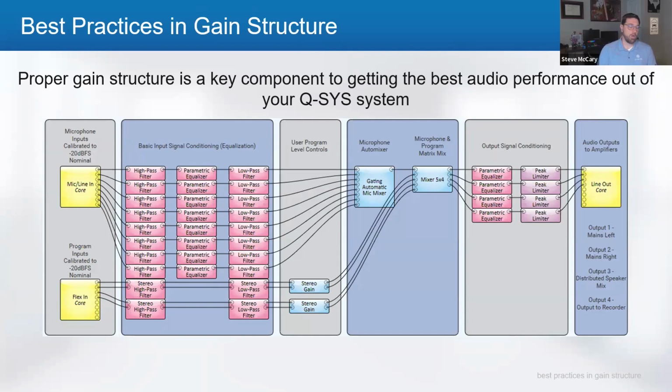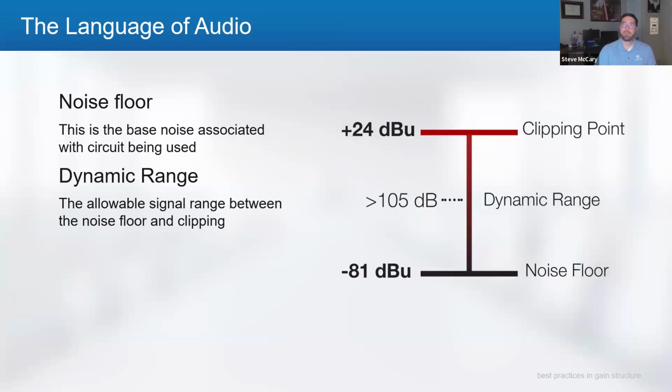Okay, so let's talk a little bit about some terminology that we're going to use today. The first thing we want to talk about is the noise floor. In any digital signal processor, there is going to be noise that is just generated from the electronic circuits.